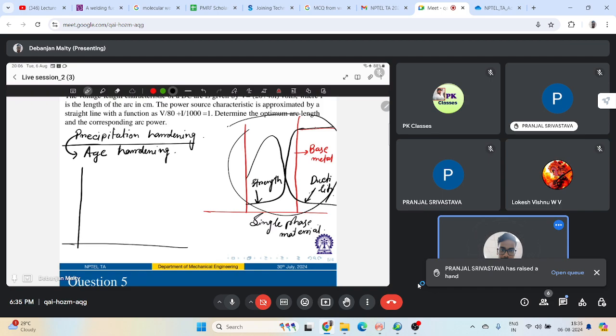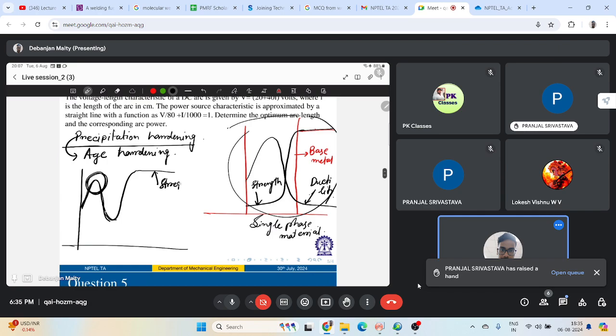So how will the strength and ductility look like, if we try to understand in terms of a graph? So my strength is this, and it will increase a little bit due to this age hardening mechanism. So this is strength. And what will happen to ductility then?